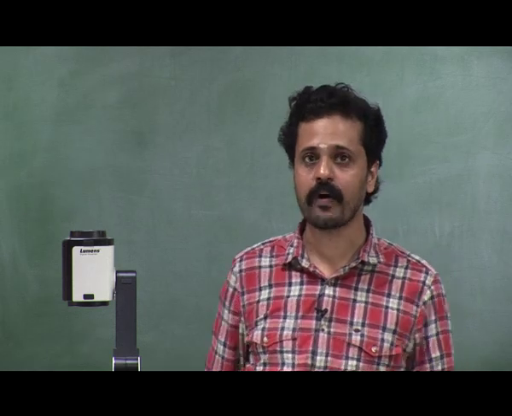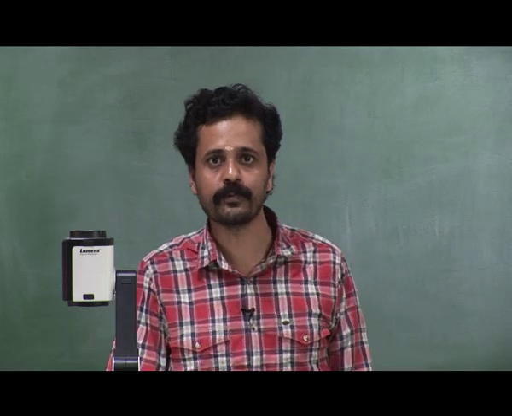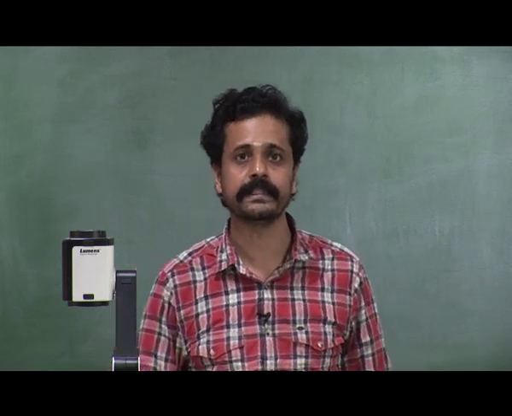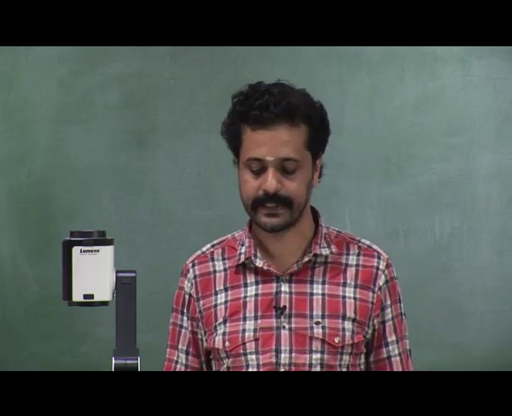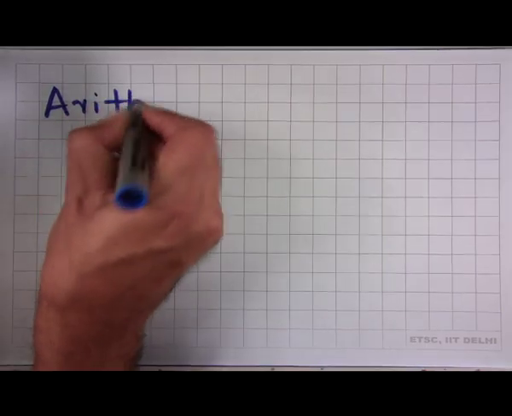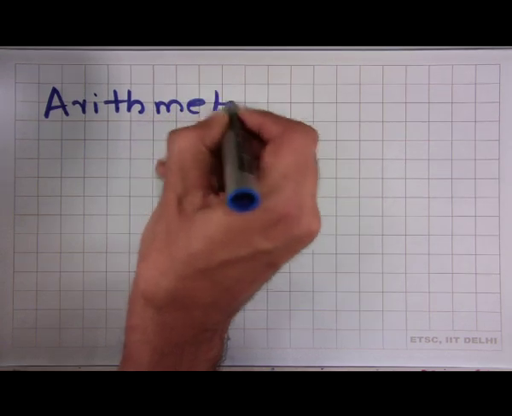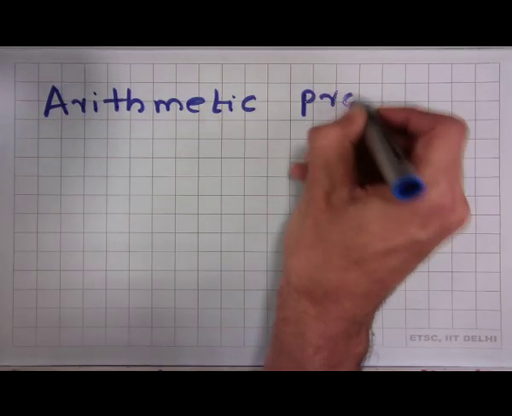Next, we shall discuss some special kinds of sequences and series where there is some relationship between terms of the sequence or the series. In that context, we will first discuss what is called an arithmetic progression.